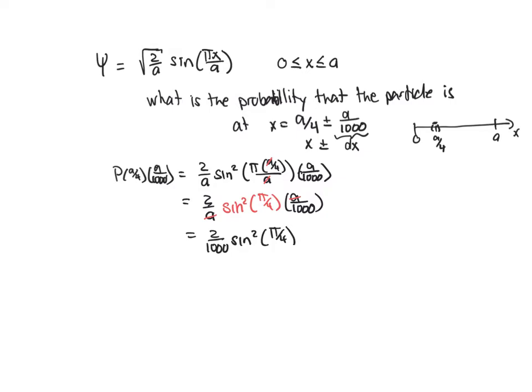So sine of pi over 4 is 0.0137, and I need that squared, and then 2 divided by 1,000, and I end up with 3.8 times 10 to the minus 7 as a probability that I will find the particle at that particular point. You'll notice that it's a really small probability, but that's because I'm looking at one point within a big domain.